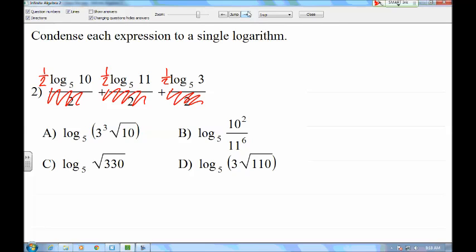Condense: 1/2 log base 5 of 10 plus 1/2 log base 5 of 11 plus 1/2 log base 5 of 3. The directions say condense into a single logarithm.